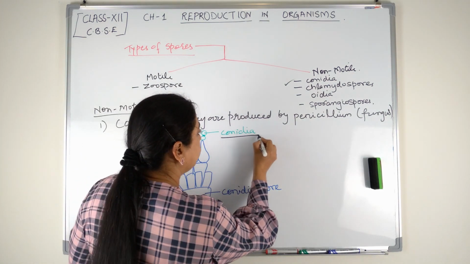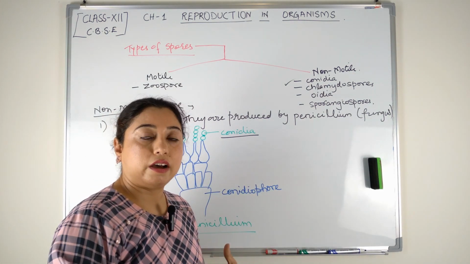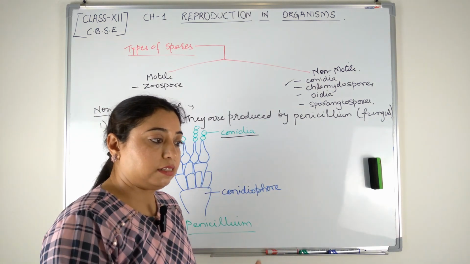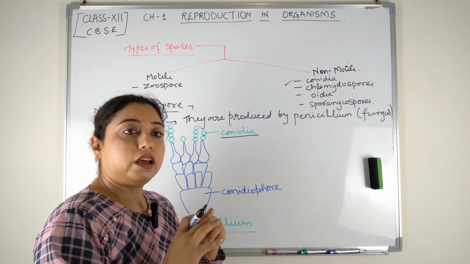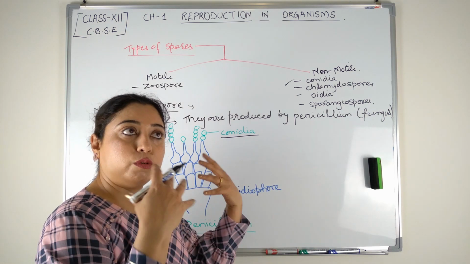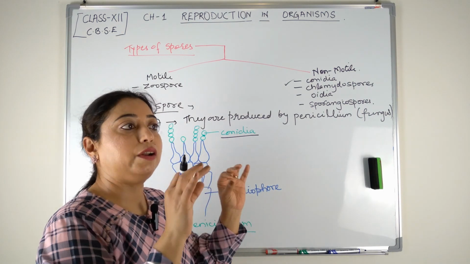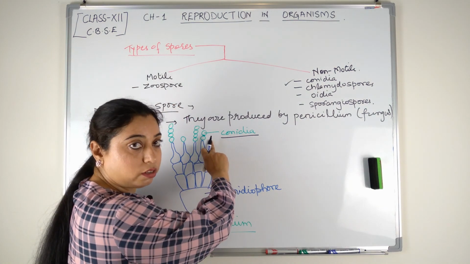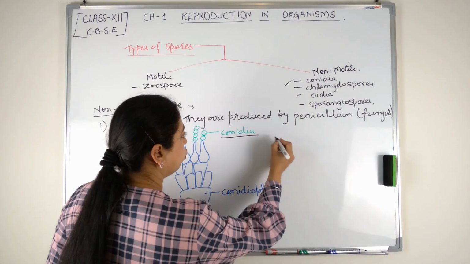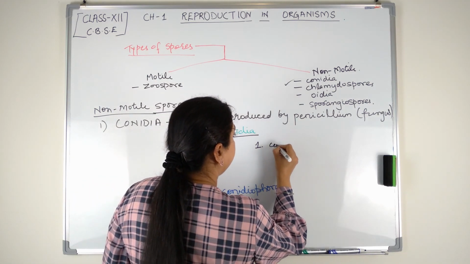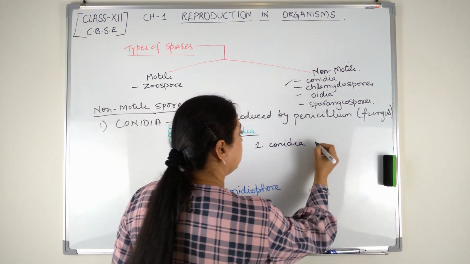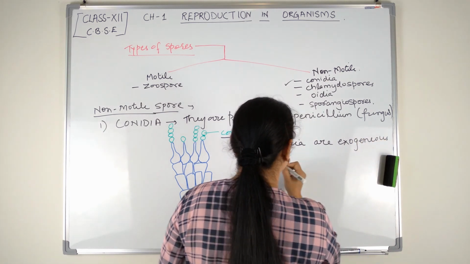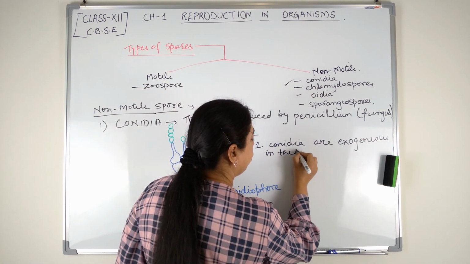They are present at the tip of the hyphae and are not enclosed by anything. So that's why conidia are considered to have exogenous origin. They are not endogenous because they are not growing inside or covered by anything. Rather, they are growing superficially, exposed to the external environment. They are not enclosed by any sac or covering. So the first point is that conidia are exogenous in their origin.